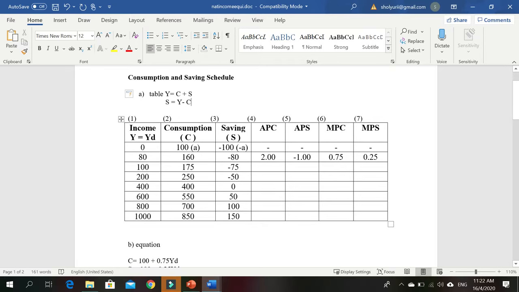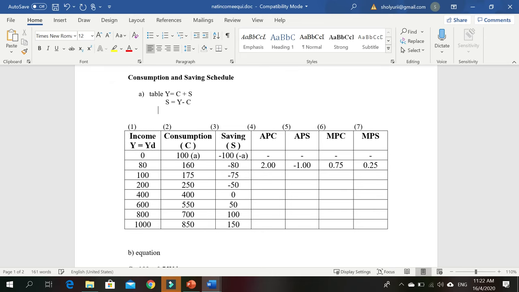So what happens to our saving? It will be minus 80, right? If we put this formula, our income 80 minus our consumption 160, what happens to saving? Negative 80. So you can fill up all of this. Very simple.